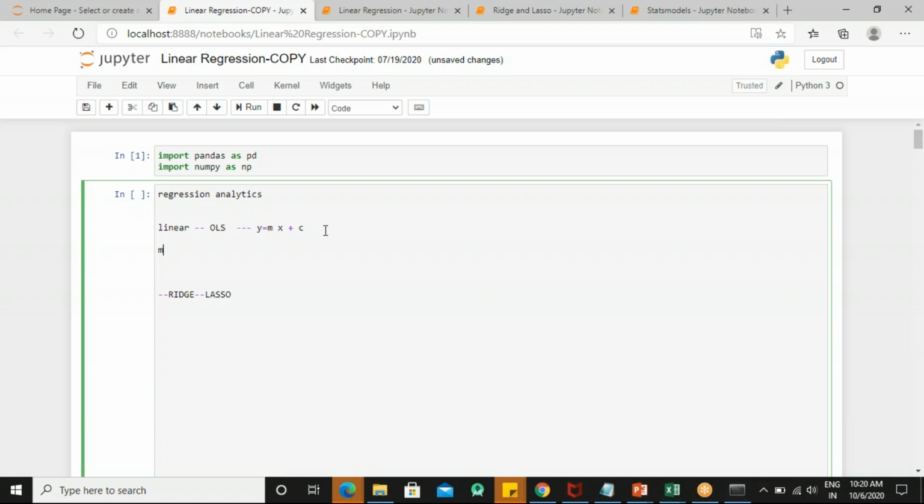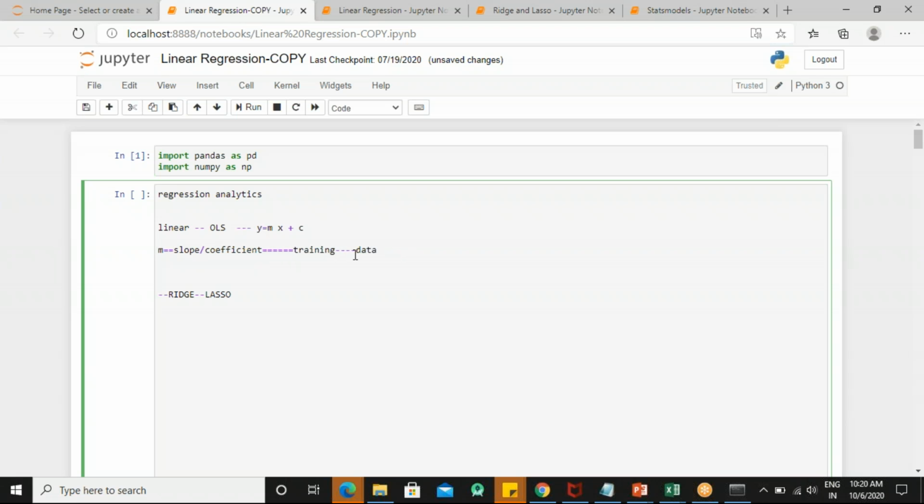Because this m is nothing but my slope or my coefficient, whatever you want to name it. It's a slope or a coefficient. Okay, so the entire purpose of training the model is to get this value of m.